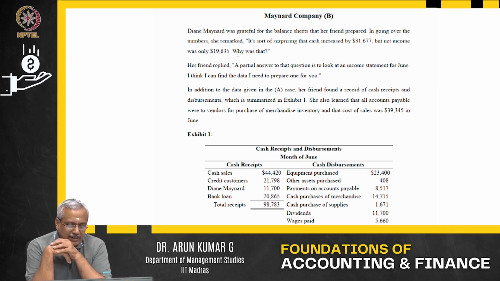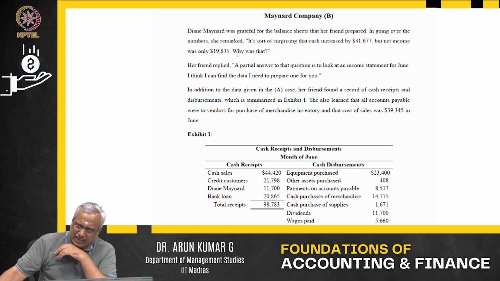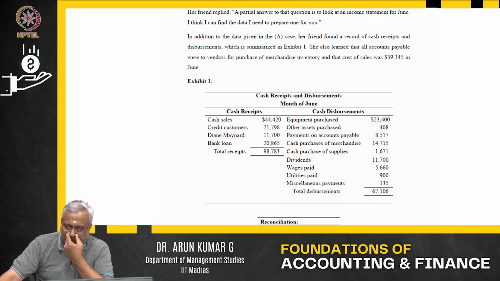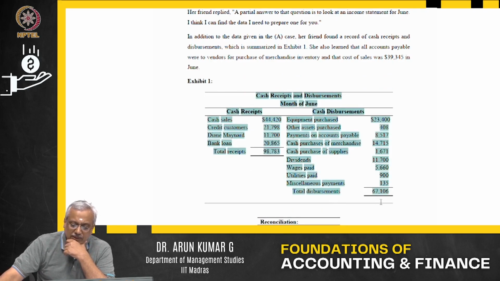Then there are exhibits given, cash sales, credit customers, all the disbursements, and some reconciliation she has given. Let us not worry about the reconciliation at this stage. Let us worry only about this particular part which I have highlighted. Let us prepare an income and expenditure statement.